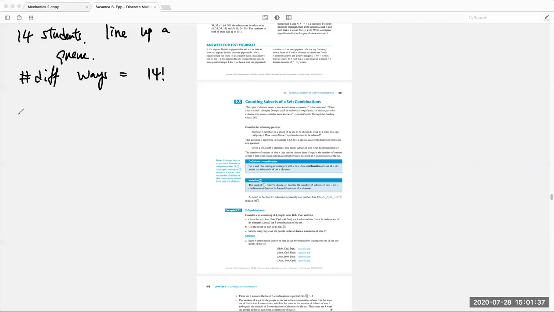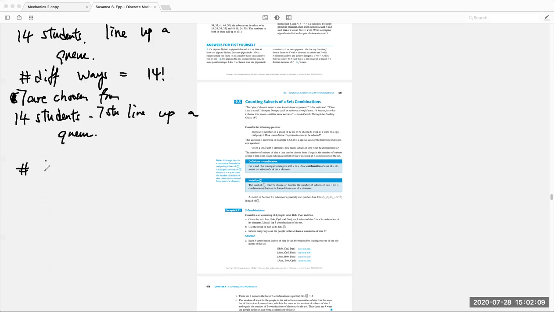So let's do a similar question. Say 7 students are chosen from the 14 students, and then those 7 students want to line up a queue.